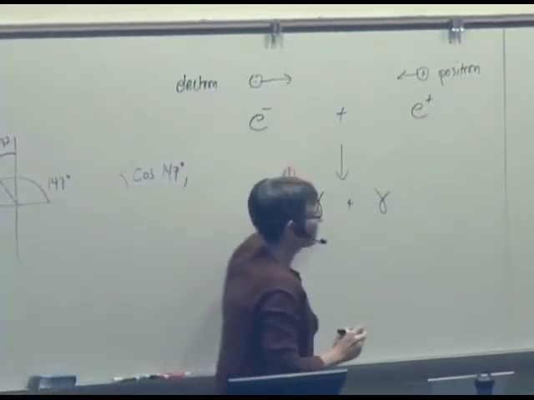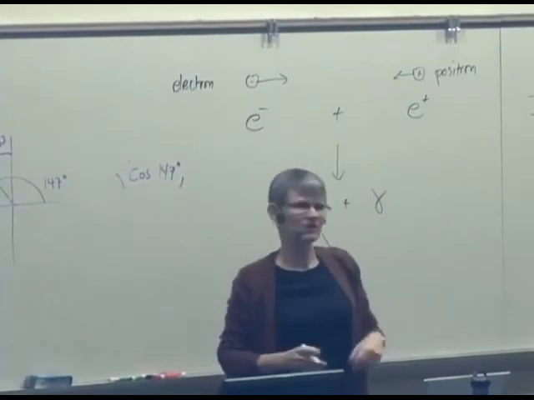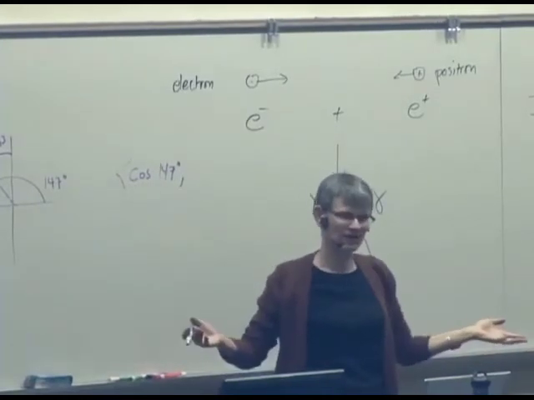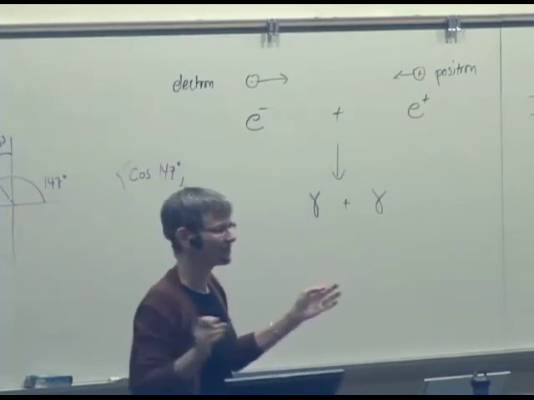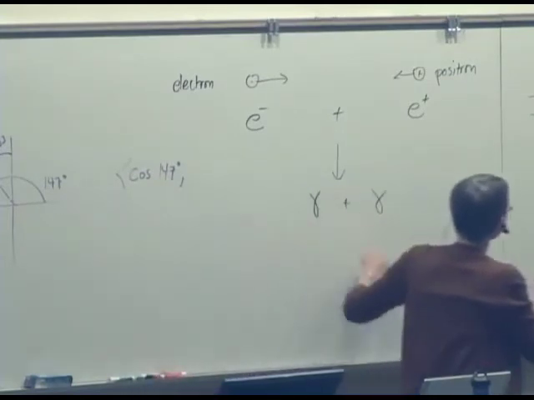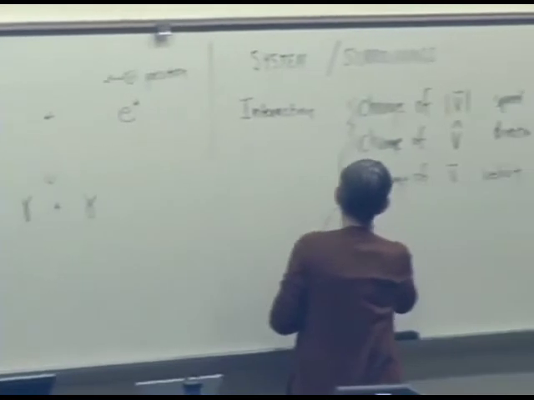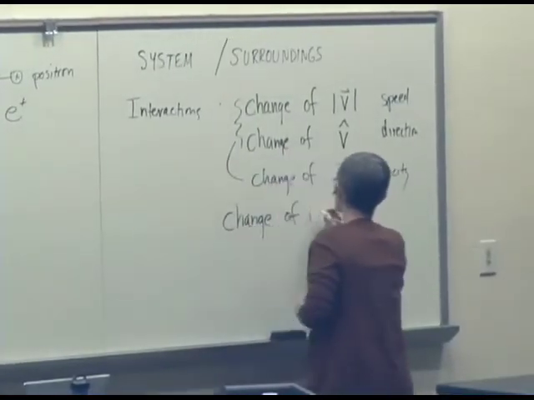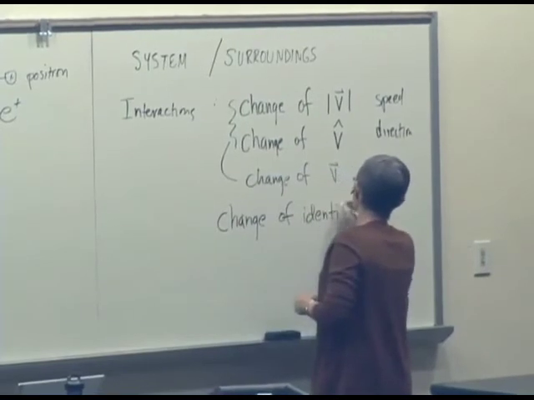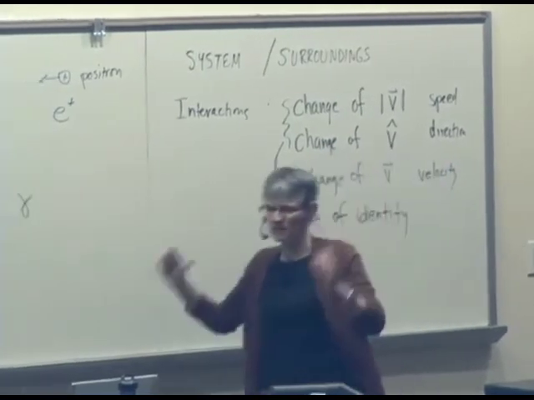We call this a change of identity, because the electron has lost its identity as an electron. It's had an identity crisis. It's no longer an electron. It's gone, and now we have gamma rays. So we have what we call change of identity. That's a sure sign that there was an interaction.